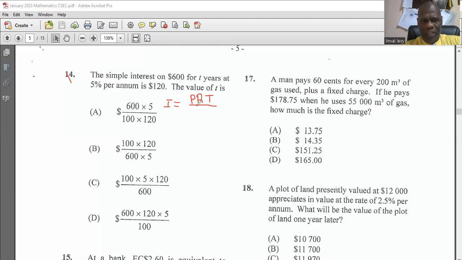All right. So that's the general formula to find the simple interest. So principal times rate times time over 100.